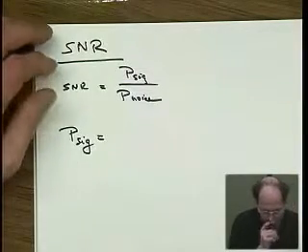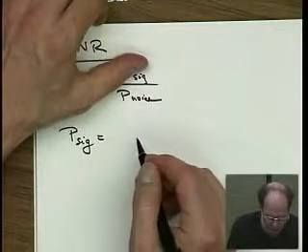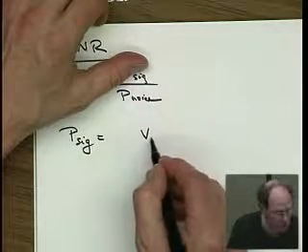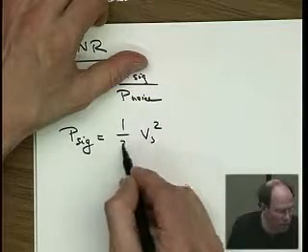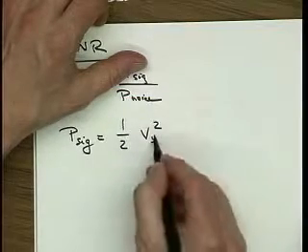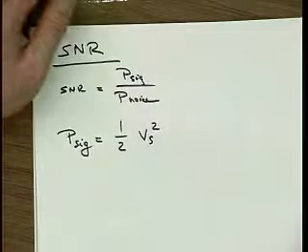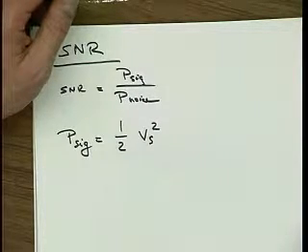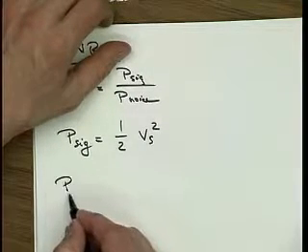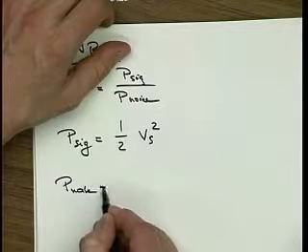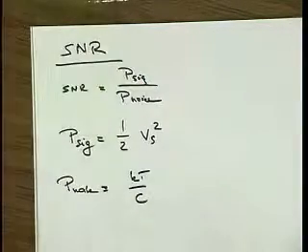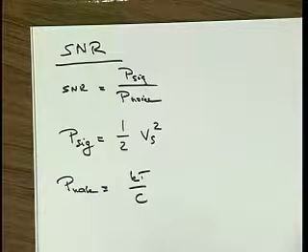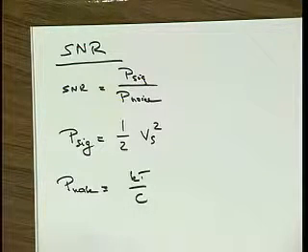Well, that's really the 0 to peak amplitude of our signal squared times 1/2, because we want to get the RMS power, right? Then we have the noise power, and we know now that this noise power is kT on C, for some salient capacitor in our circuit. Up to now, it always was the load capacitor.